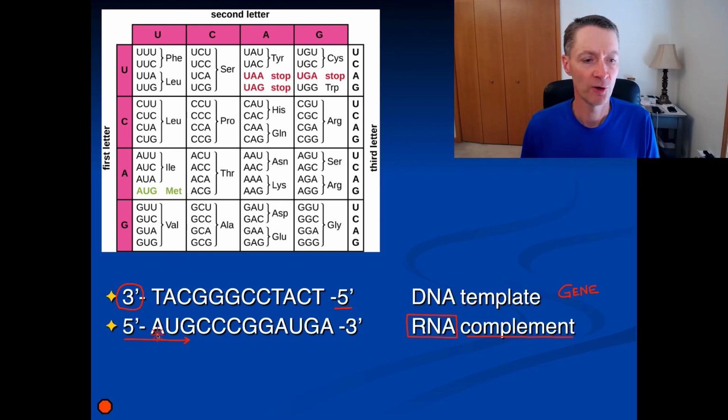So the first letter of this particular sequence is an A. So I'm going to find my first letter A. I'm going to find my U, that's my second letter. So second letter up here, I'm going to find U. So now I'm limited to this particular box.